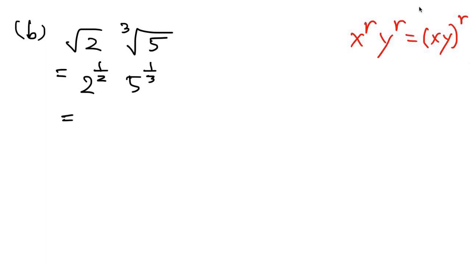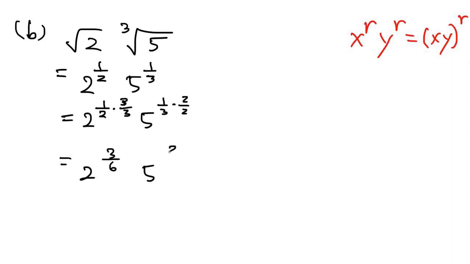Now we cannot use this property yet because 1/2 is not equal to 1/3. But if we use the common denominator, in fact, we could make them equal to each other. So we're going to multiply 1/2 by 3 over 3 and 1/3 by 2 over 2, and that's going to make this exponent 3 over 6 and that exponent 2 over 6.